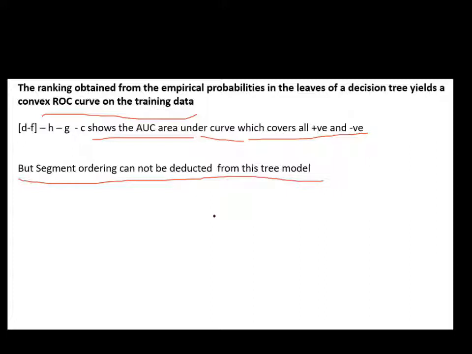This is very important. For some cases, because of outliers or noise, we can't definitely say the segment ordering cannot be deduced from this tree model.